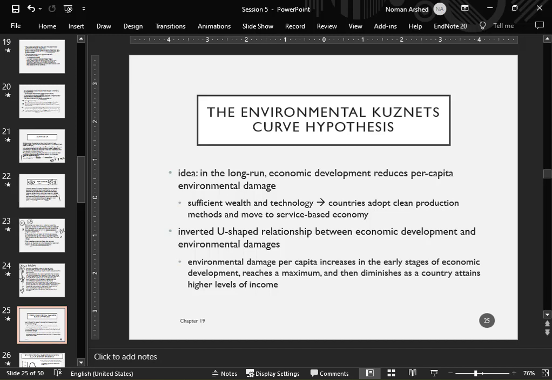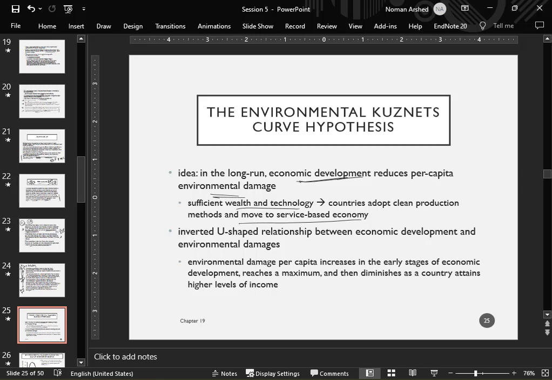So the idea was that in the long run, economic development reduces per capita environmental damage. Means if we keep on developing, we will eventually reduce the environmental damage. For example, when we have development, we will have sufficient wealth and technology that countries can adopt clean production methods and a more service-based economy.